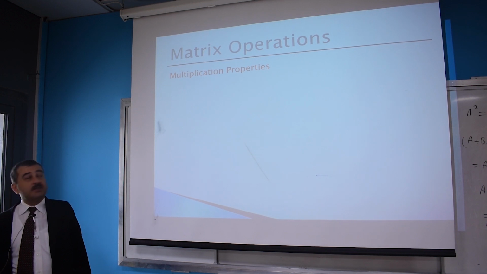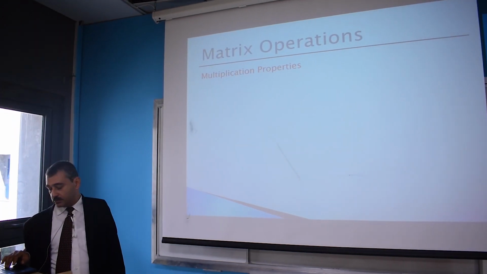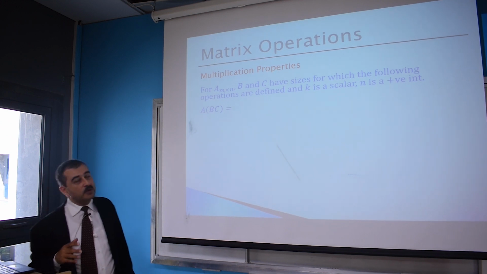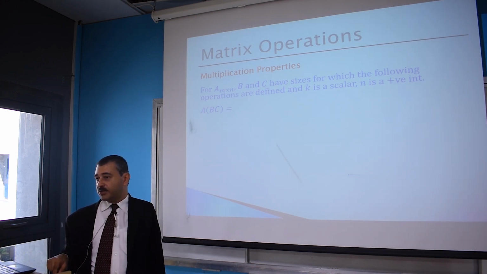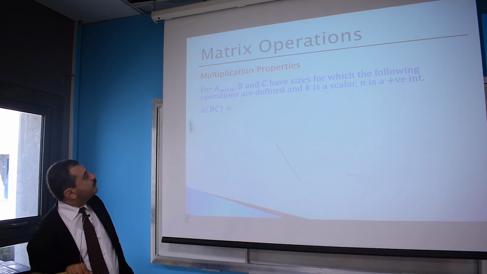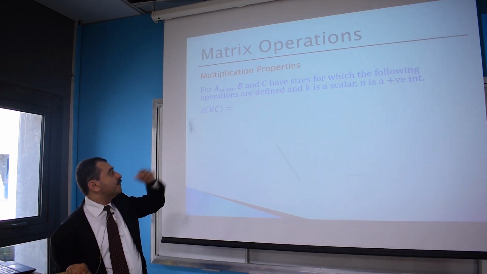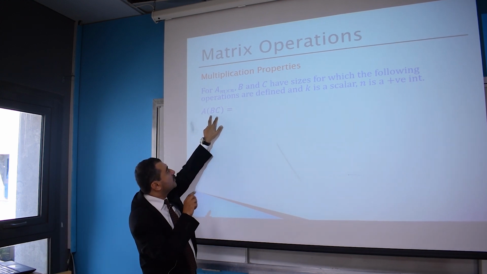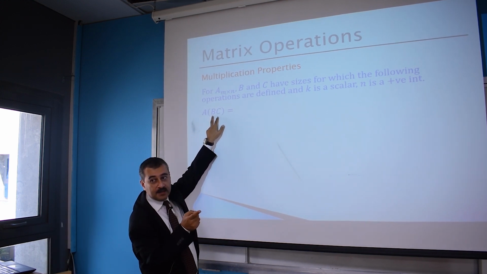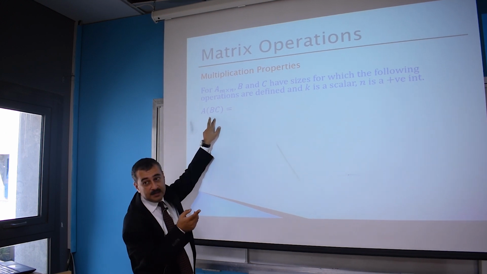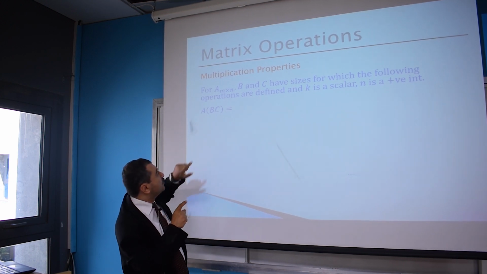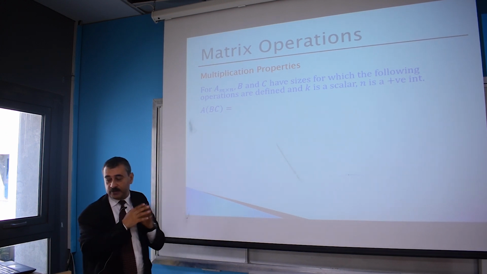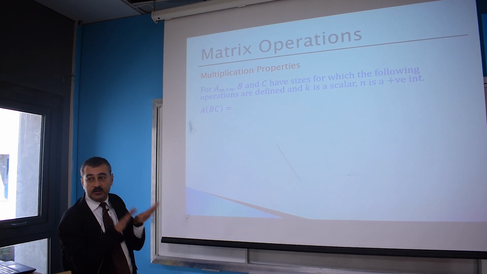So we have some properties of the multiplication. You can prove all of them using the linear combination rule. If you want to multiply matrices A, B, C in this way, we multiply B and C first, and then A times the result. You can do the product in different ways, such that you keep the order as it is.